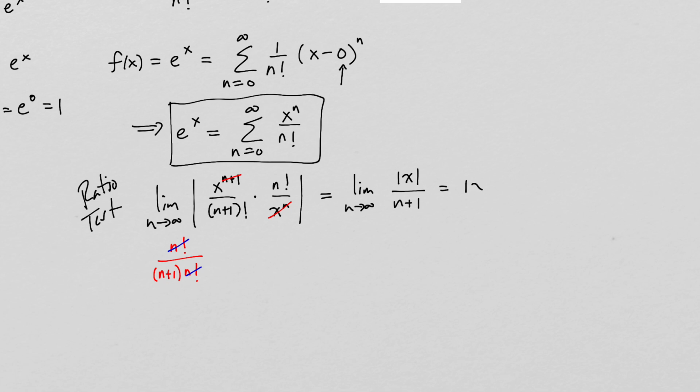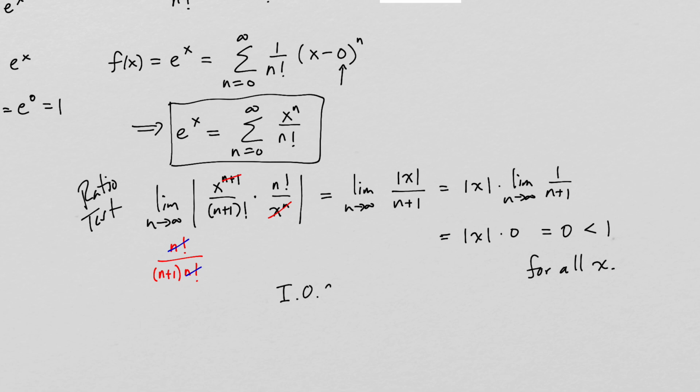And this is equal to the absolute value of x times the limit as n goes to infinity of 1 over n plus 1, which is the absolute value of x times 0, which is 0. And this is less than 1 for all values of x. So this means the interval of convergence is minus infinity to infinity.